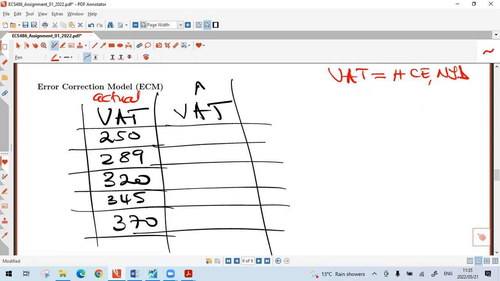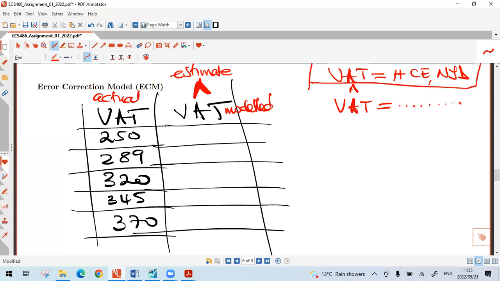Then after estimating everything, you are going to come up with an estimate. We have estimated. That's why I'm putting a hat: VAT hat. This is an estimate, or modeled. After coming up with everything, these are the figures we are getting.